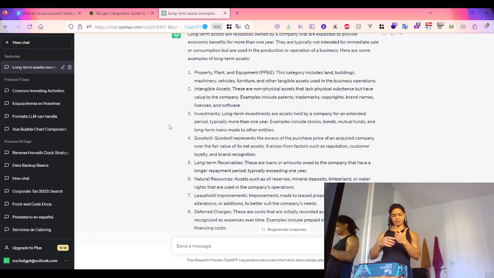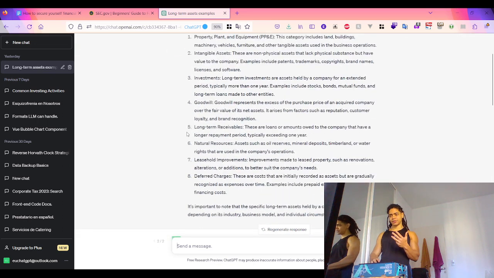Then long-term investments, such as stocks, bonds, mutual funds, goodwill, which is another long-term asset, as well as long-term receivables, natural resources, and leasehold improvement, which is a leasehold.